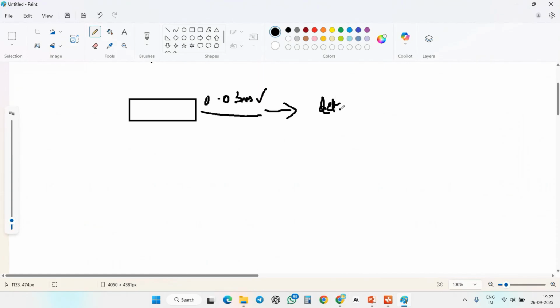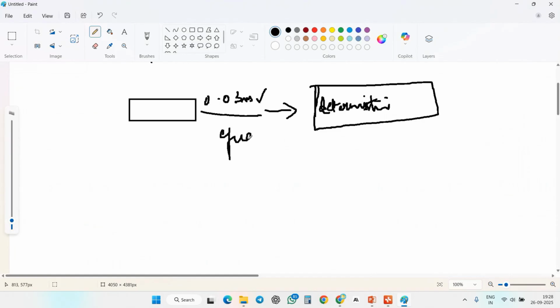Guys, please keep all these points in mind or note them down, because first we will understand the fundamentals and then we will go on to write code. So first of all, what is determinism? You can get a guaranteed time.